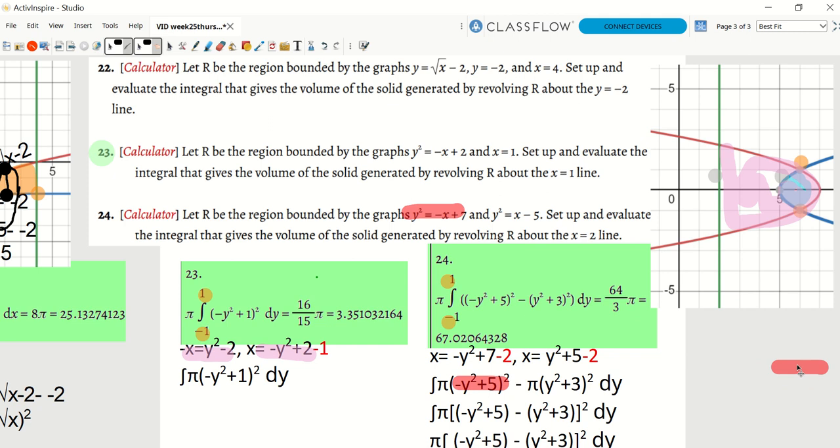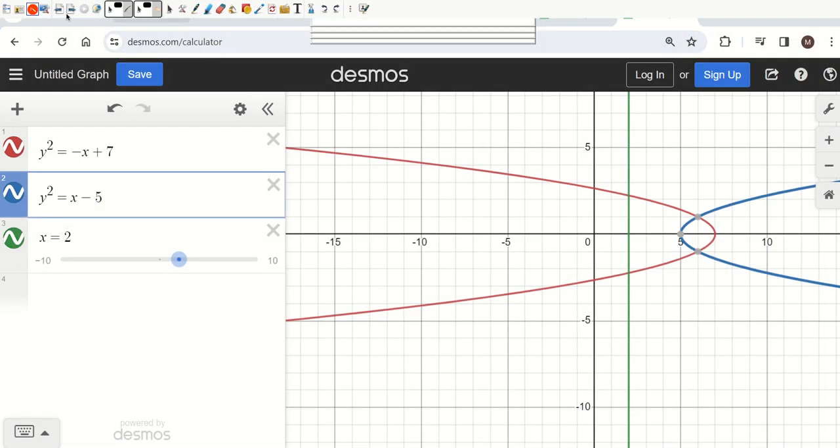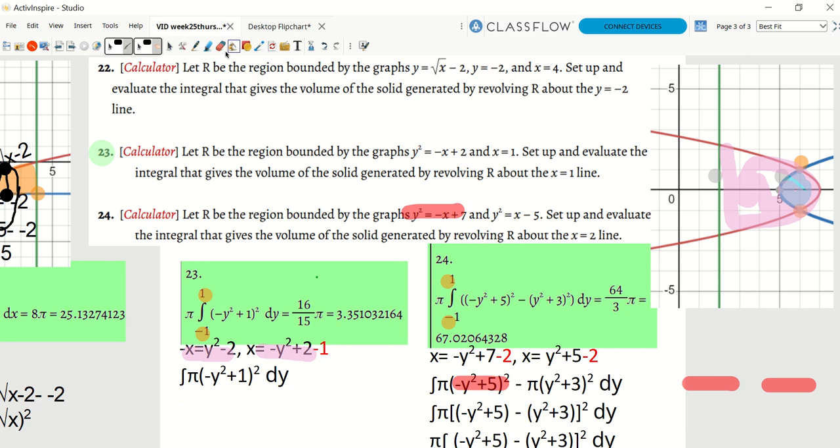And then we're going to subtract the volume of revolving the blue function around the green vertical line. Let me use blue right here. I shouldn't use that blue, because then you're going to think it's that blue right there. Let me use orange. This is the orange right here, which is that.